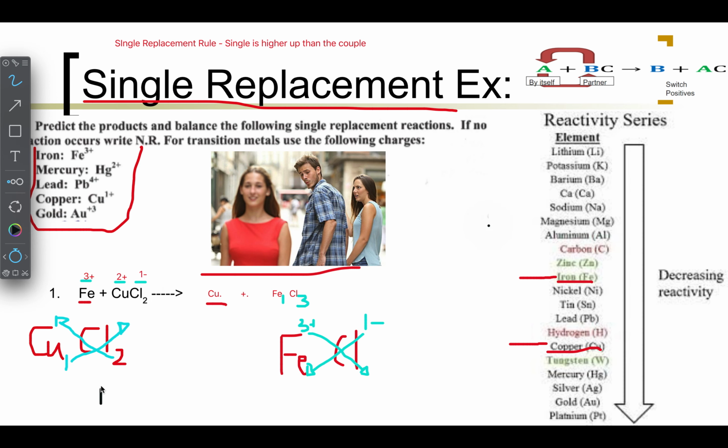So we have our final equation is iron plus copper chloride. Sorry, this takes me forever to write. Turns into copper, and then plus iron chloride, and iron chloride is now a 3, right? Because we've balanced the charges.